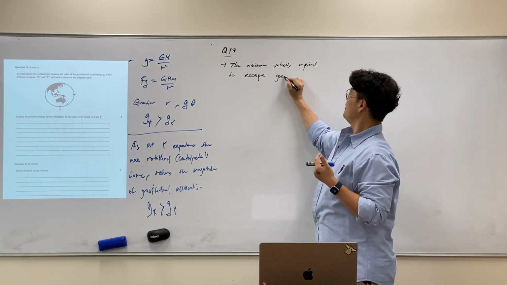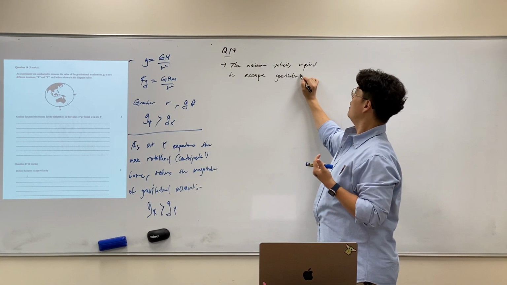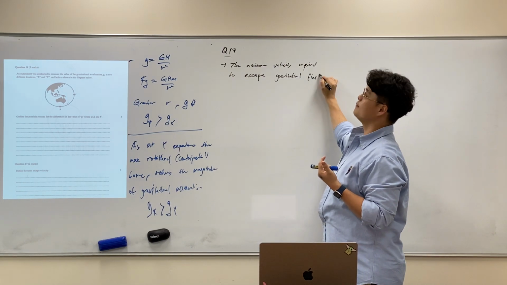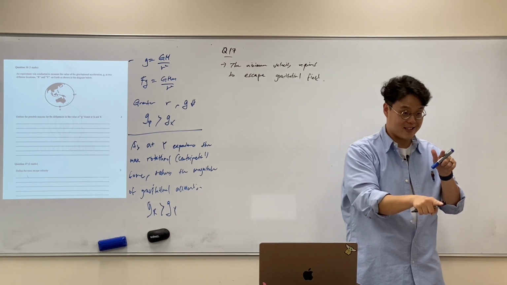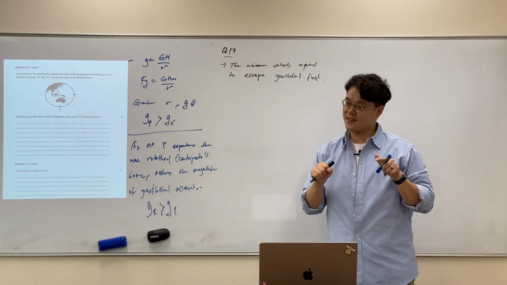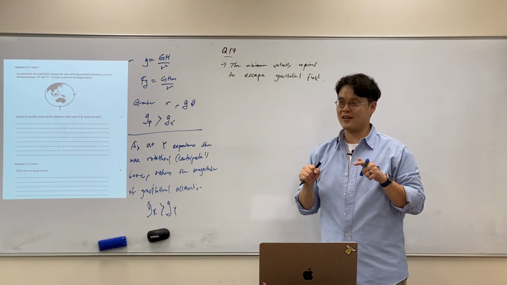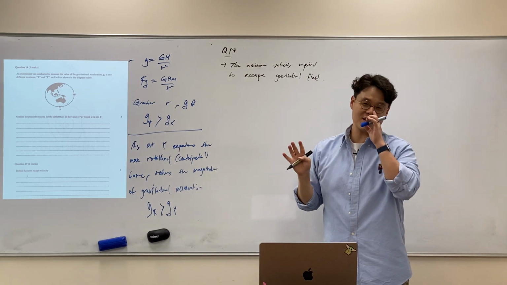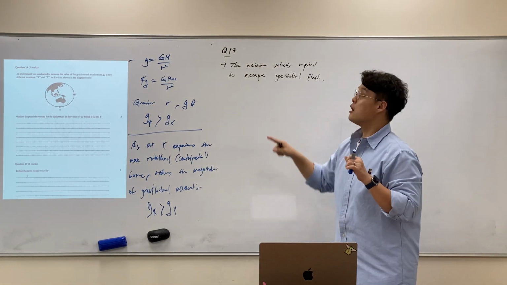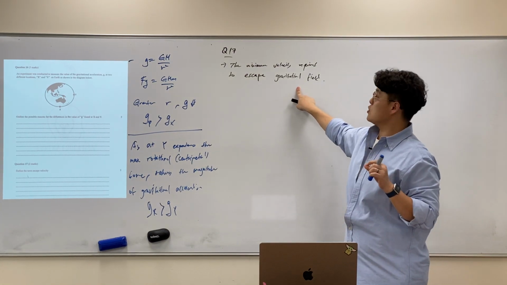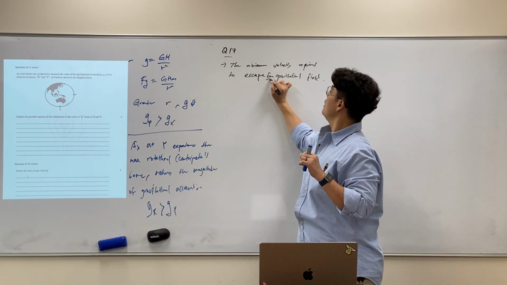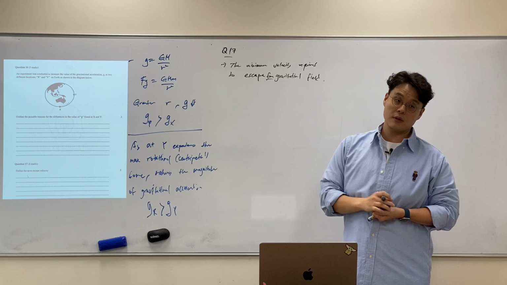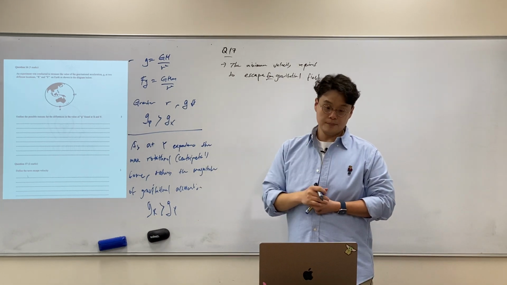Gravitational field. There is a difference between force and field and gravity. Earth is not acceptable though. Come on, that's a year 10 answer. Let's use year 12 content. So, that's the minimum velocity required to escape from the gravitational field. Okay, that's going to be one mark.